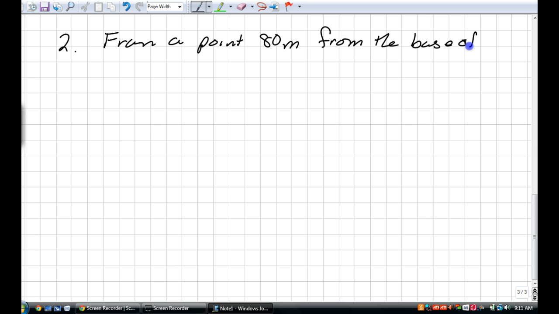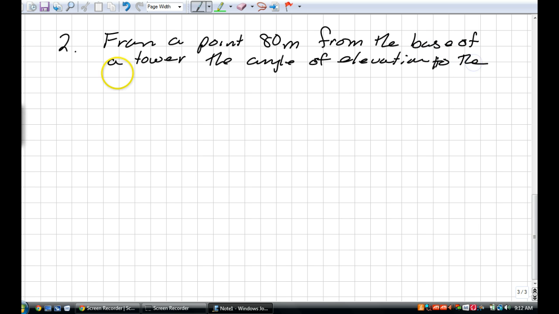So for instance, number 2, it says from a point 80 meters from the base of a tower, the angle of elevation to the top of the tower is 28 degrees.